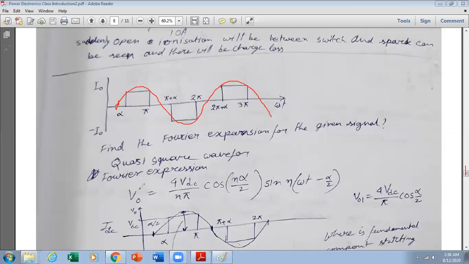So the Fourier expression for this is, V0 is the output, and it is 4 VDC by n pi, where n is the number of components, cos n alpha by 2, sin n omega t minus alpha by 2.